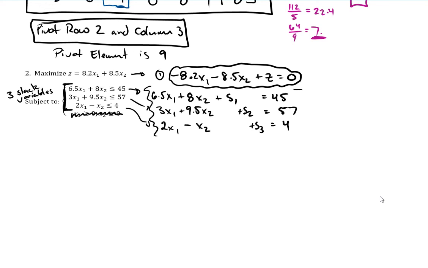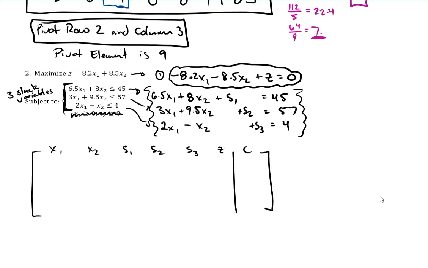Okay, so these are our main first couple rows here. Let's give ourselves a big one. So we've got x1, x2, then we have three slack variables, s1, s2, s3, and then the z variable, z, and then from there we can do our vertical line and the constant.